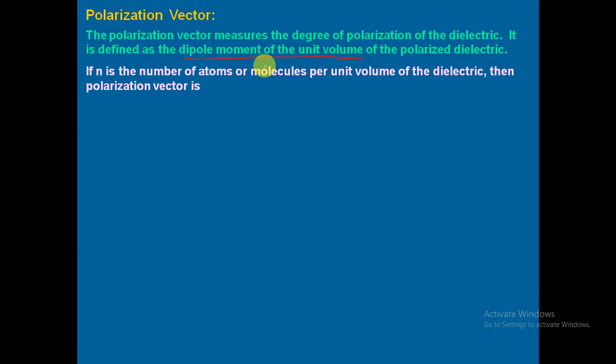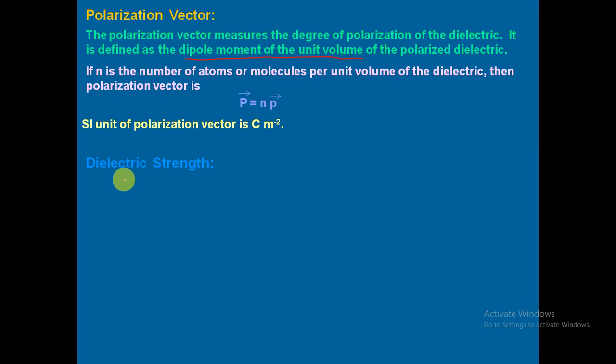If n is the number of atoms or molecules per unit volume of the dielectric, then the polarization vector is n times p, where p is the dipole moment of each molecule. The SI unit of polarization vector is dipole moment per unit volume. The dipole moment unit is coulomb meter, and per unit volume is coulomb meter cube. So you will get coulomb meter over meter cube, or simply coulomb per meter square. So this is the unit of polarization vector.